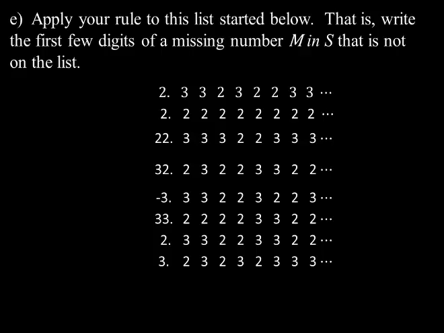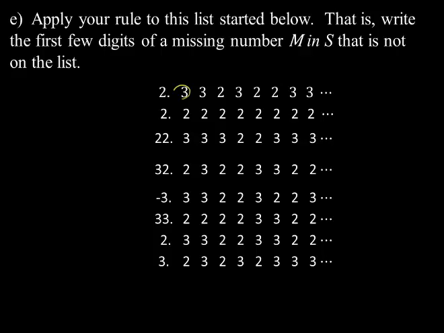Part E, apply your rule to this list started below. That is, write the first few digits of a missing number, capital M, in S that is not on the list. Okay, well this one I know everybody can do. You start your diagonal with the first digit after the decimal point.